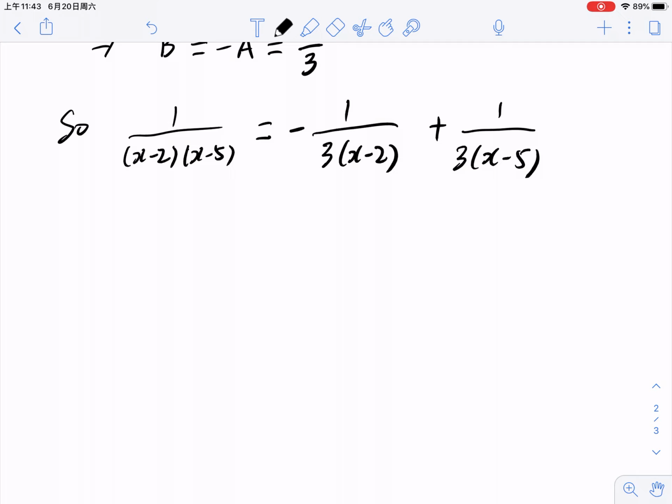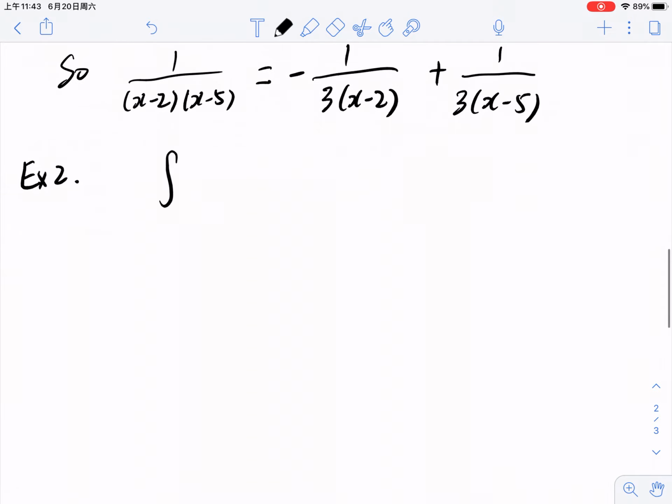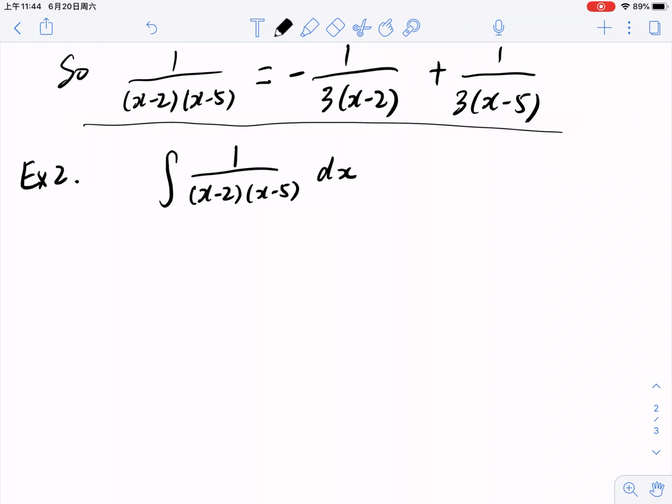So now let's see why this is so useful. We look at an example. Integrate 1 over (x minus 2)(x minus 5) dx. So from example 1, we know this integrand is equal to the sum of these two fractions.